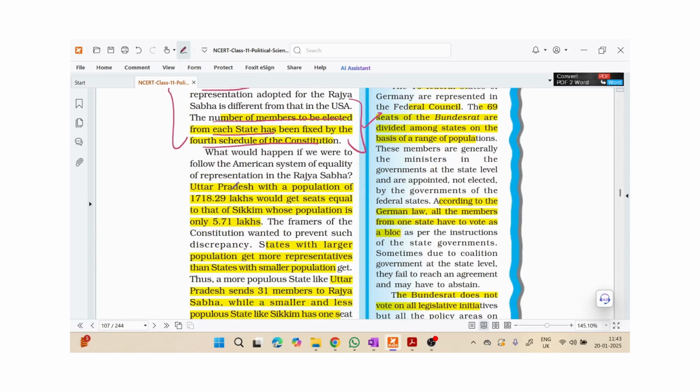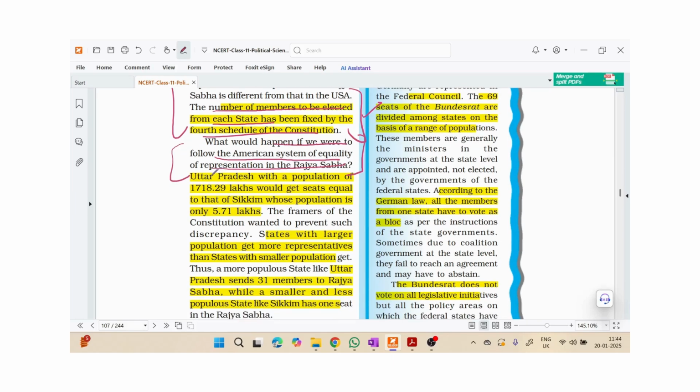And then comes the question, what would happen if we were to follow the American system of equal representation in the Rajya Sabha? So agar aisa hum karte, then situation would be like Uttar Pradesh with a population of 200 million would get equal seat to that of Sikkim, whose population is not even near to 1 million.